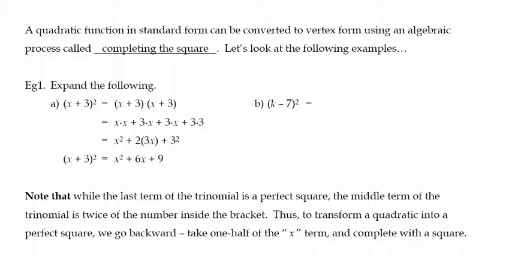You can expand it by FOIL. Multiply x by x, and then the outside, x times 3, and then the inside, 3 times x. And finally, 3 times 3 will give us 9.